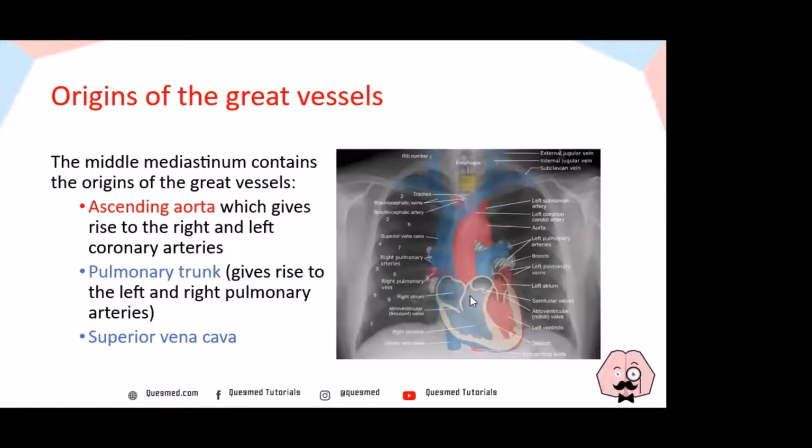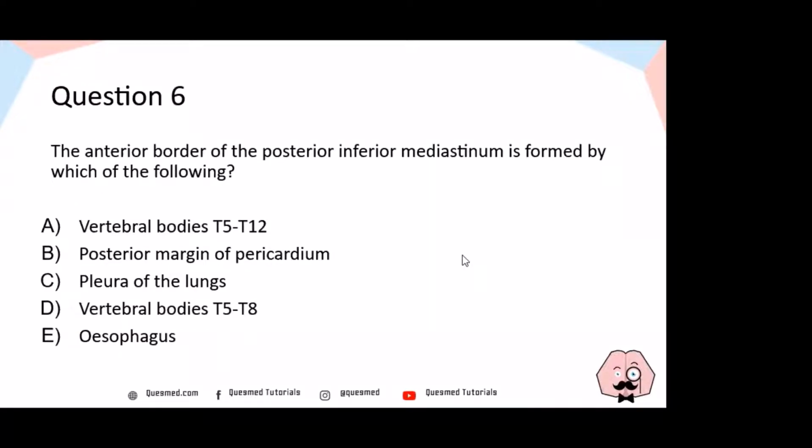Your pulmonary trunk, which comes off your right ventricle, passes vertically and then bifurcates into left and right pulmonary arteries. And then, if you remember, the superior vena cava comes from your superior mediastinum and then crosses our imaginary line, and becomes part of the middle mediastinum and also enters your pericardium. So that's basically all we've got to say about the middle mediastinum.